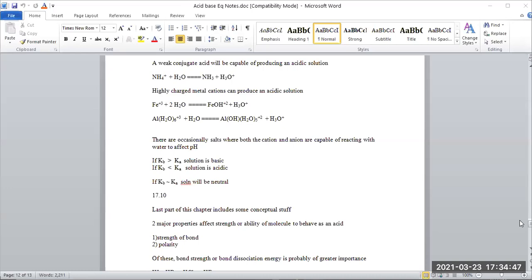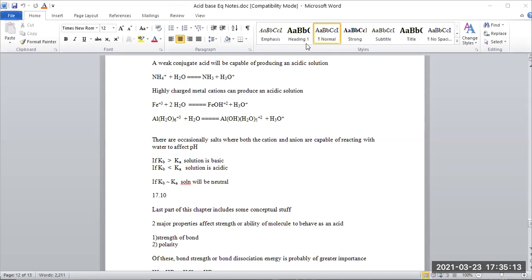So it will ditch one of the protons that it had. Instead of being NH4, it now migrates back to being NH3. But then the proton will hook to the water molecule, and you will get H3O plus, which is your shorthand version of indicating that you have acid present.